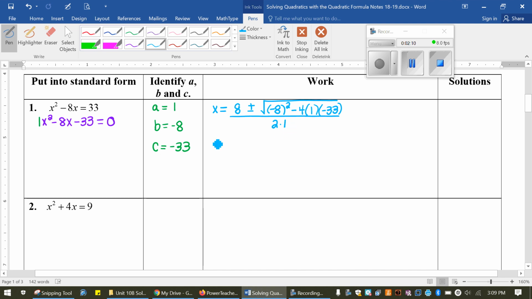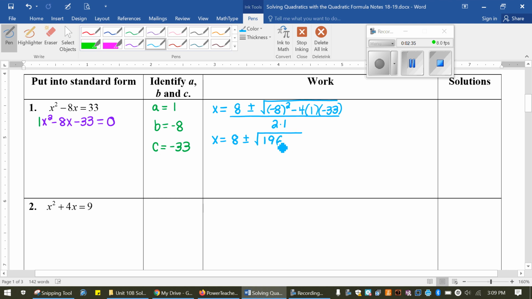All right, when you're going to put this into your calculator, do not type this all in at one time. What you should do is type in what is underneath the square root, do not type the square root in. So type in negative 8 squared in parentheses, minus 4 times 1 times negative 33, and make sure that what you're getting is 196.